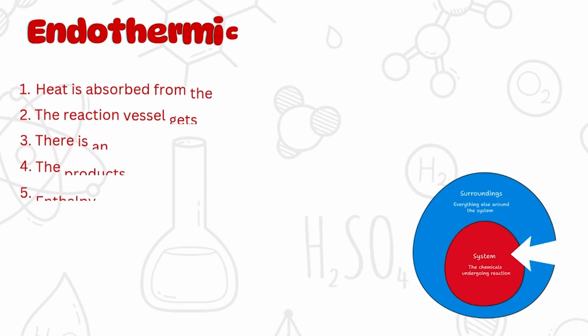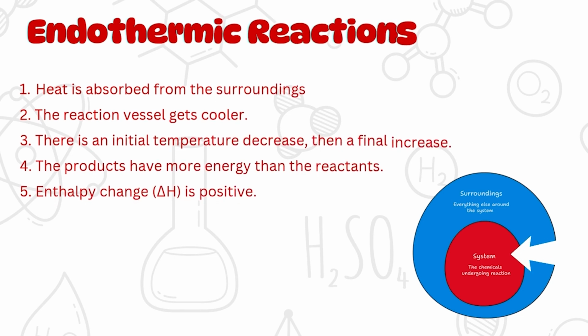For your endothermic reactions, heat is absorbed from the surroundings, the reaction vessel gets cooler, there is an initial temperature decrease, then a final increase. The products have more energy than the reactants, and finally, your enthalpy change, or delta H, is positive.